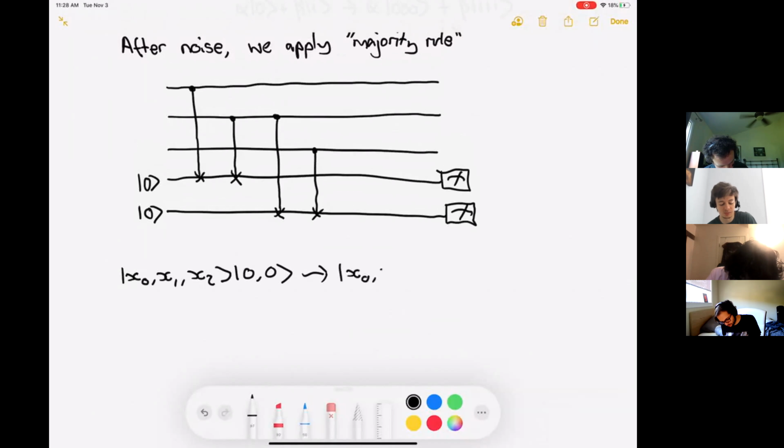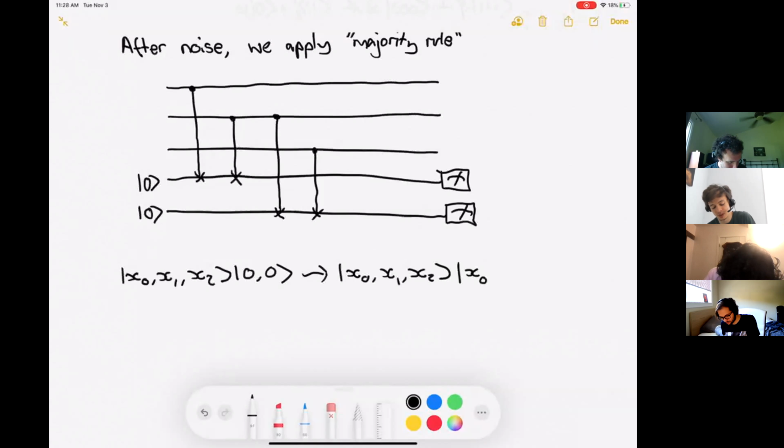Because we're working in the computational basis for the first 3 qubits, and they're just acting as control qubits, they're not going to change. They're still going to be x0, x1, and x2. But the ancilla qubits started in 0, and got a NOT gate applied if x0 was 1, and a NOT gate applied if x1 was 1.